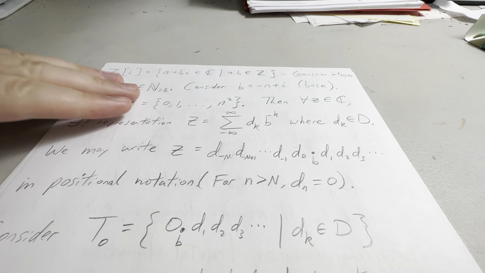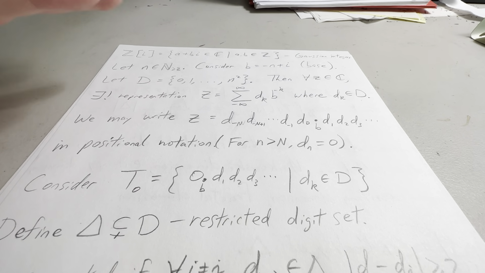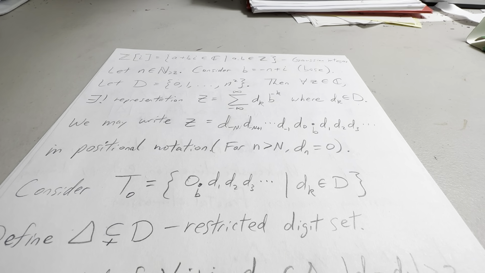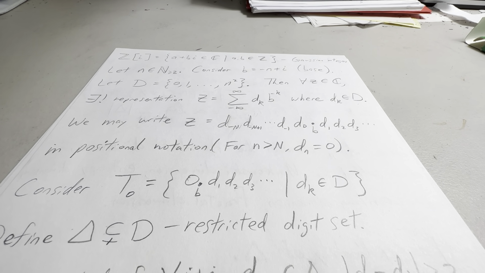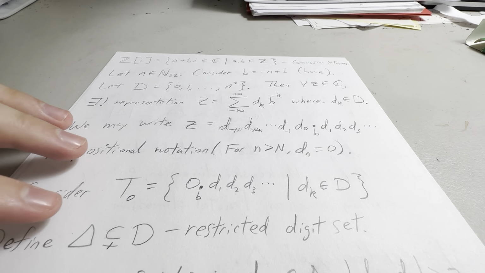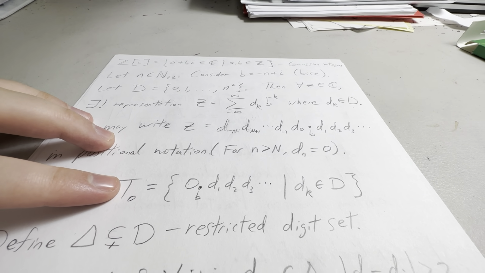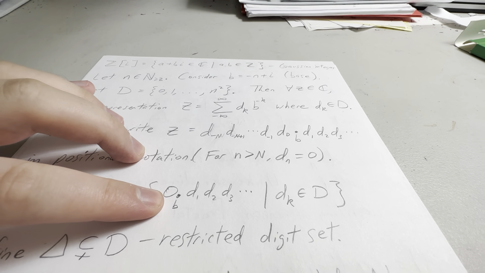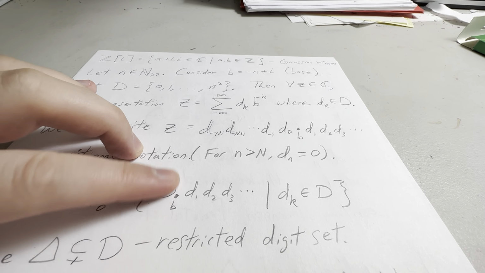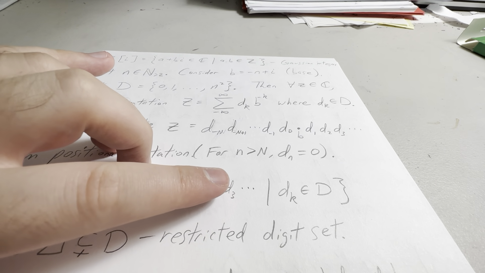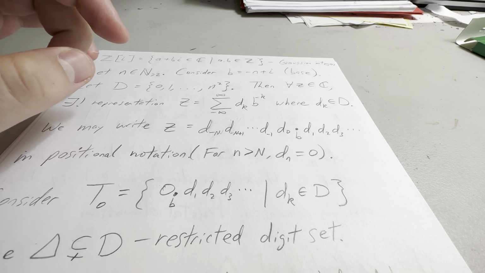Okay, so now what? Now what we want to do is construct Cantor sets, and we do it via deleted digit sets. So we define the set T0 to be the set of all complex numbers of this form: you have 0 integer part, base b, d1, d2, d3, and so on, where those dk's are your digits.